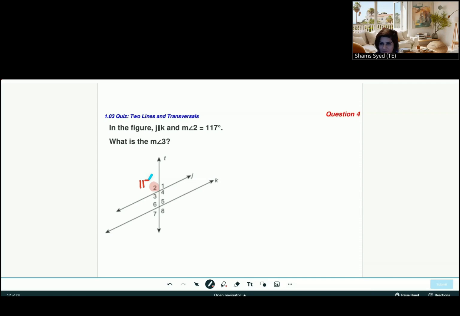You want to figure out angle 3. And angle 3 lies right under angle 2. Notice they lie on a straight line.